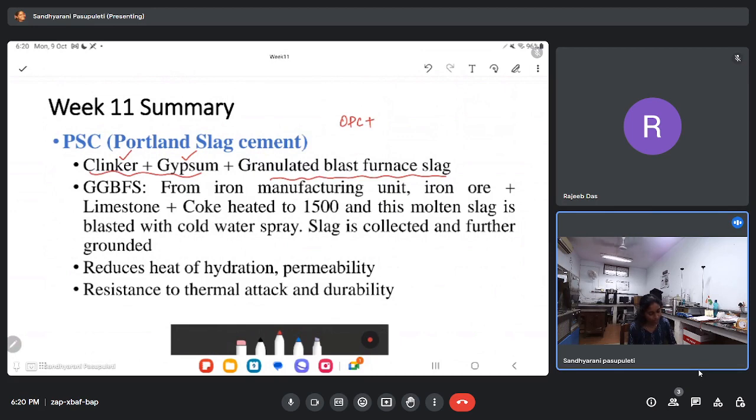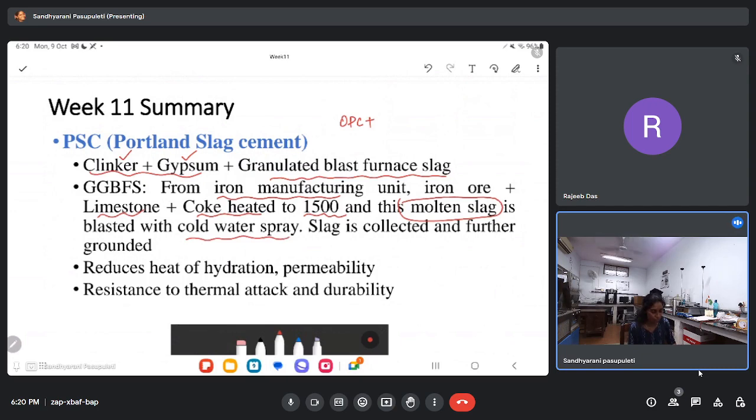So this slag, how do we get it? We usually obtain this from the iron manufacturing unit. Whatever we have, limestone and coke, when heated to higher temperature will form something called molten slag. This molten slag, when it is at higher temperatures, will be subjected to water spray.